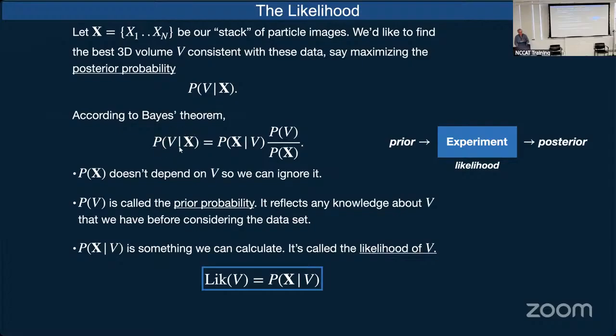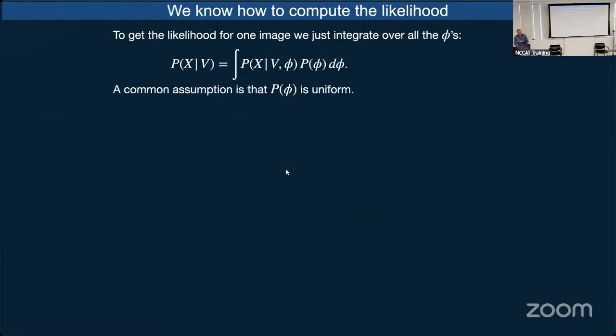Now, it turns out that from Bayes' theorem of statistics, this probability, which is not obvious how to compute, can be gotten from things that are not so hard to compute. So this probability that we want is equal to the probability of getting the particular data set that we did given the underlying volume V, multiplied by two other probabilities.